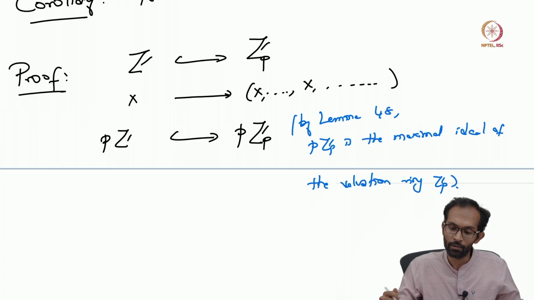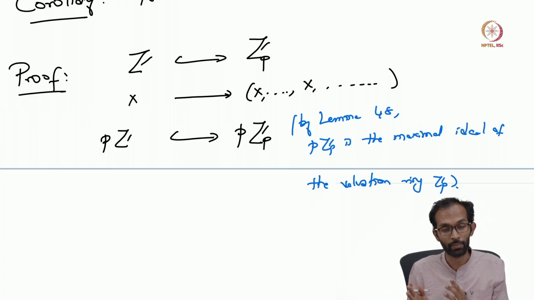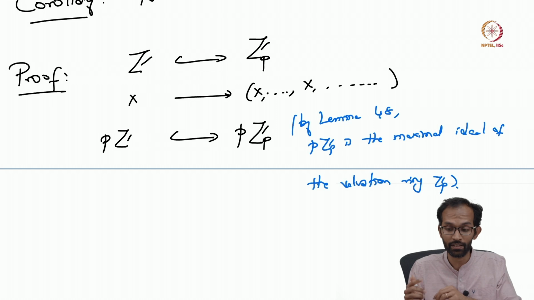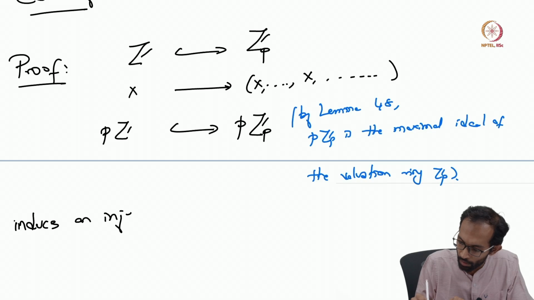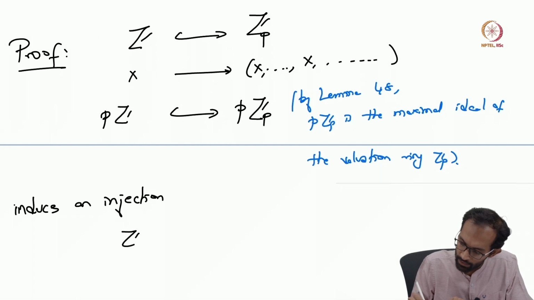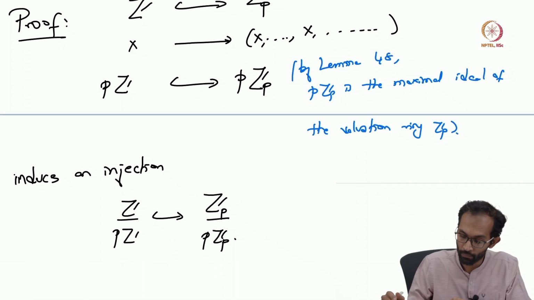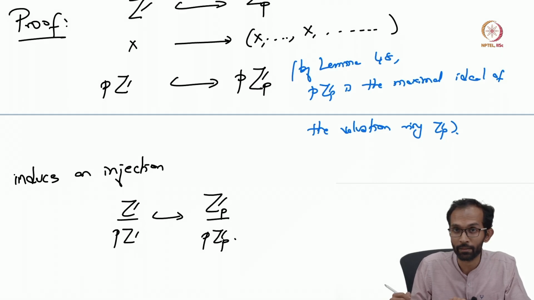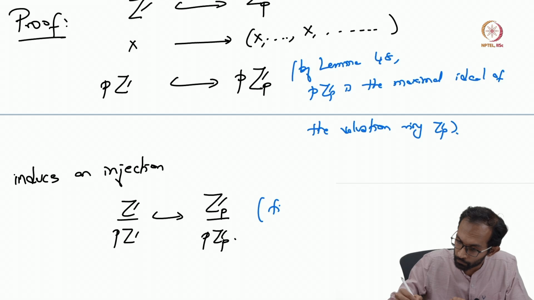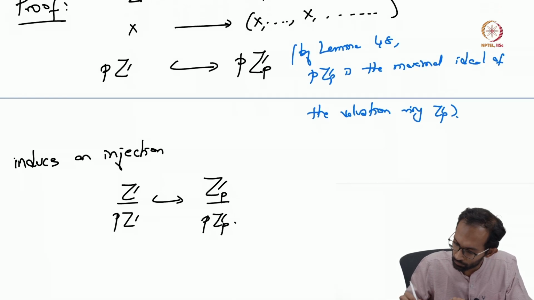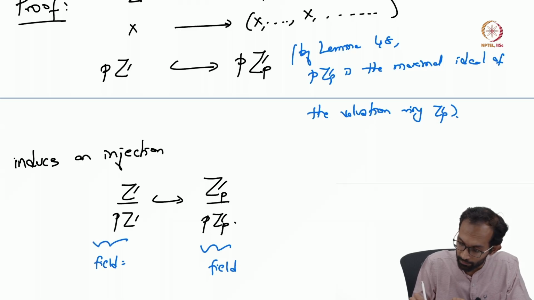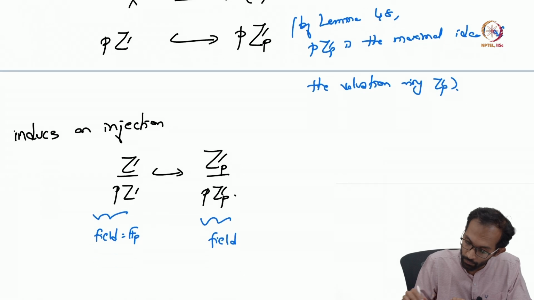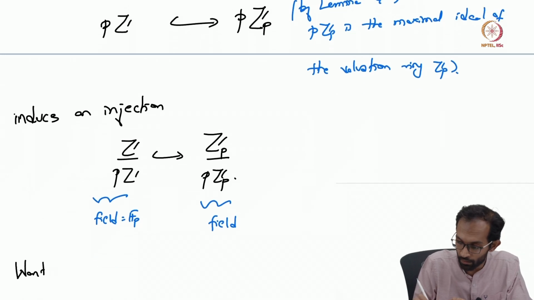So we have an induced injection Z mod pZ sits inside Zp mod pZp. Now since pZp is a maximal ideal of Zp, this is a field. And since pZ is a maximal ideal of Z, this is also a field, which is often called Fp. And so what we want to show is that this injection is surjective.